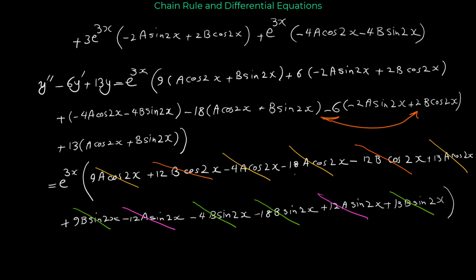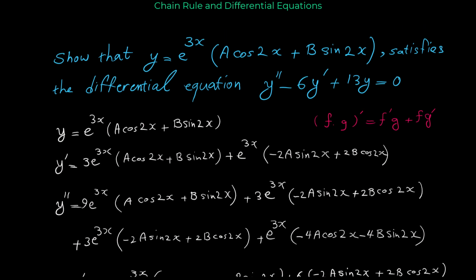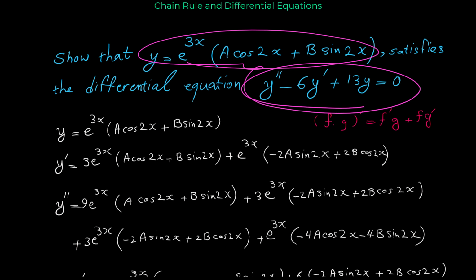So we have e to the 3x times 0, and this is 0. And this completes the solution of this question. So we proved that this function is a solution for this equation.